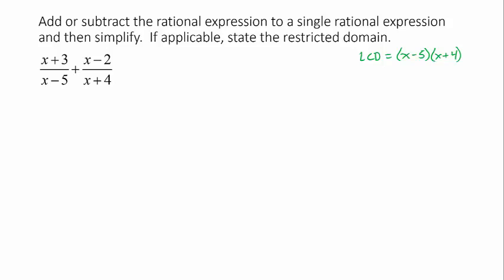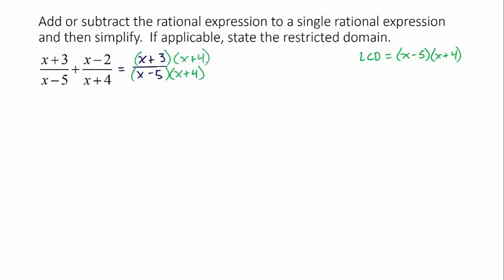Okay, so in order to get both of those denominators to have an LCD of (x - 5)(x + 4), what do I need to do to each of these fractions? The (x + 3)/(x - 5) is missing the x + 4, right? So I have to multiply the numerator and denominator of that fraction by x + 4, right?